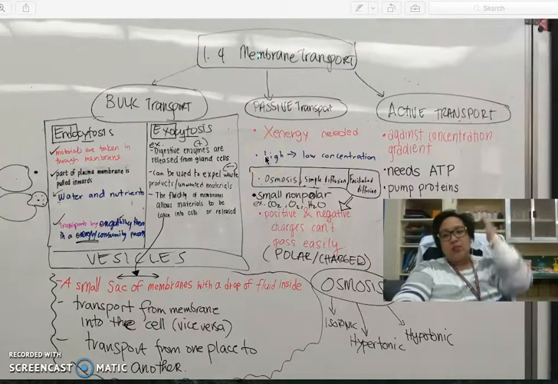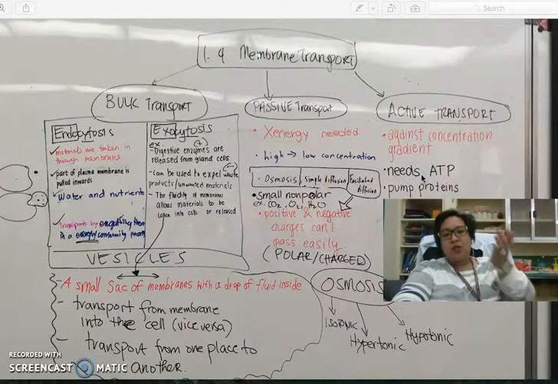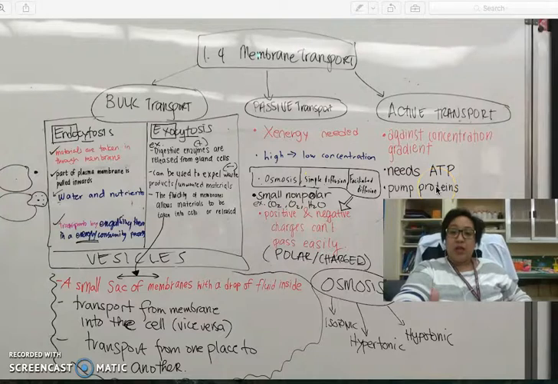How is this possible? By using a pump protein. Pump proteins need ATP to pump your substances from low to high concentration. Again, please review the sodium-potassium pump. That's an example of active transport that you should be able to discuss.